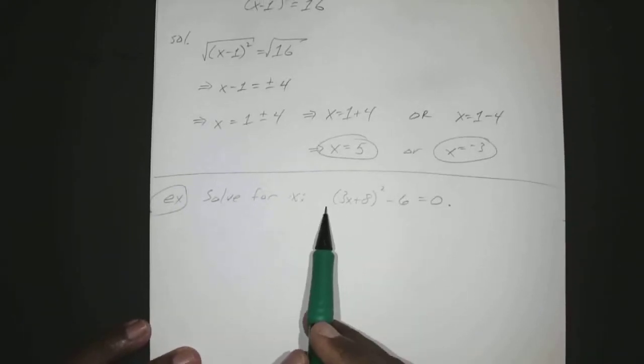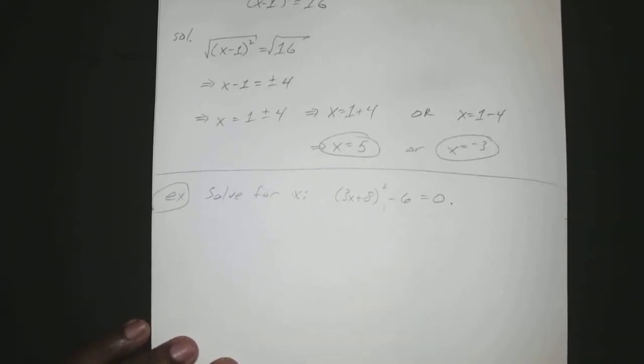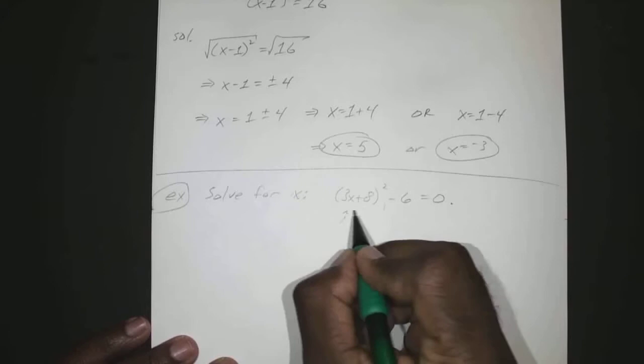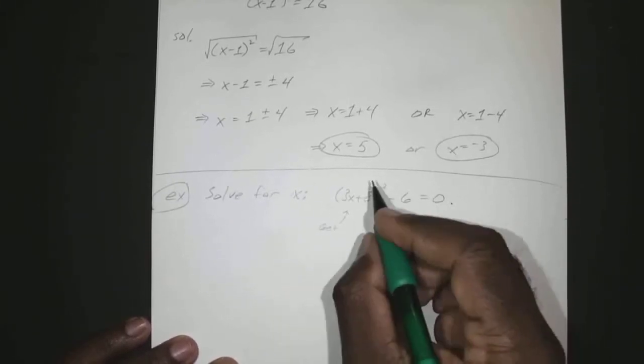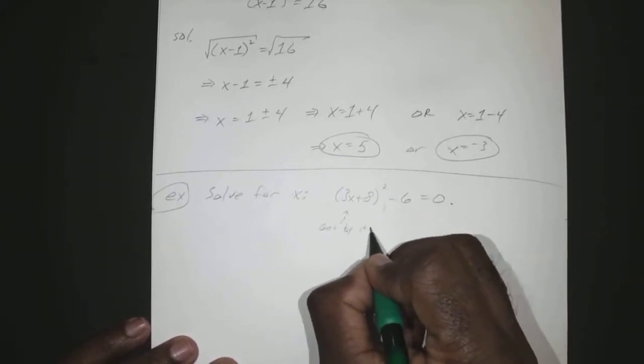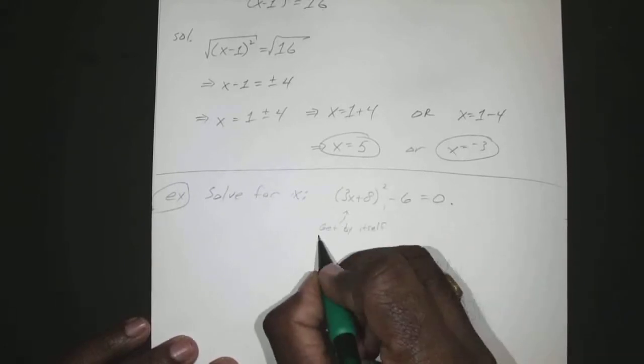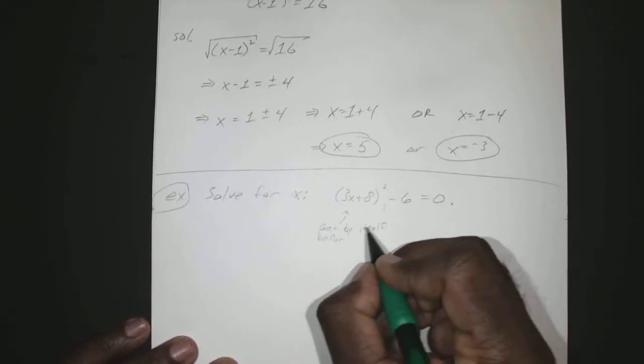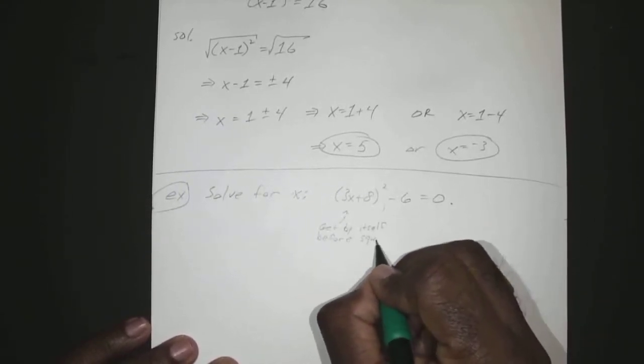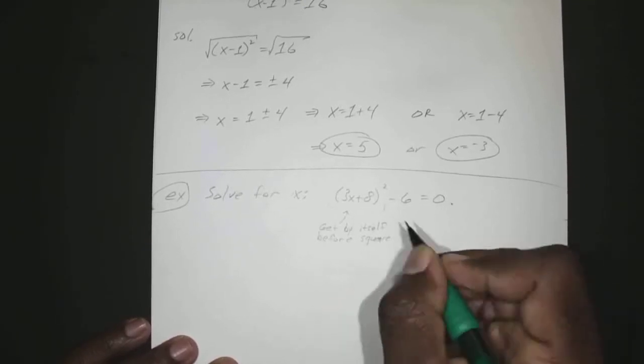So that means you'd have to get this term by itself before you square root.